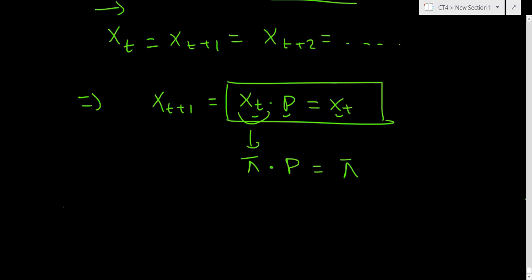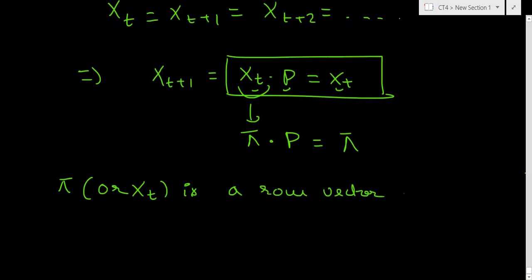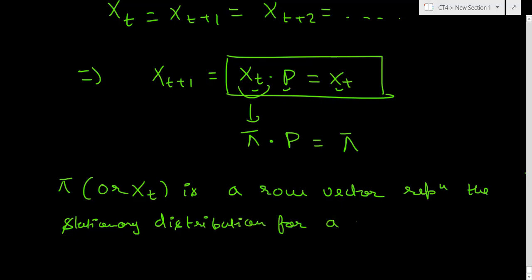Pi, or I can write it as xt, is a row vector representing the stationary distribution for a Markov chain.